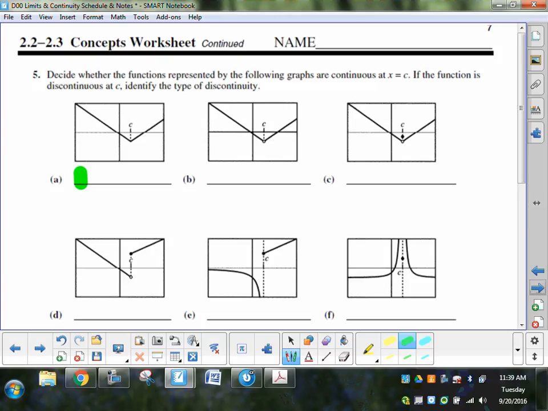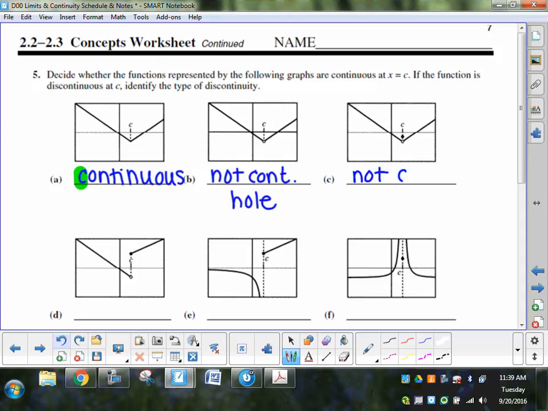Steve, what would you say for B? What type of discontinuity does it have? How about for C, Molly? Not continuous, yeah.